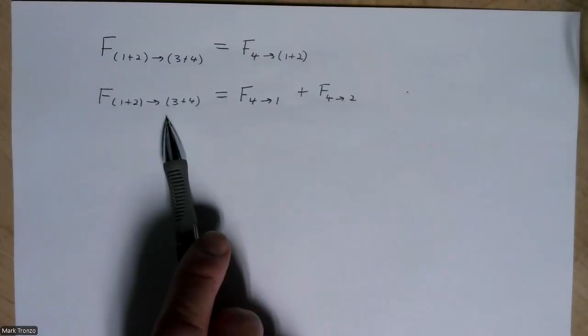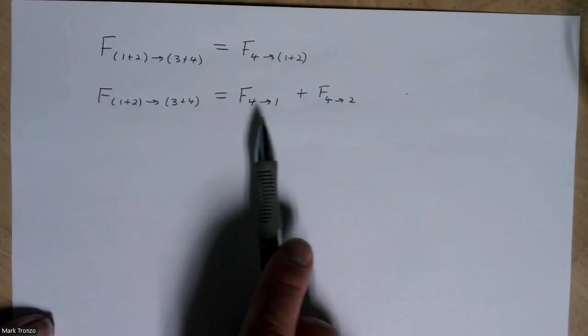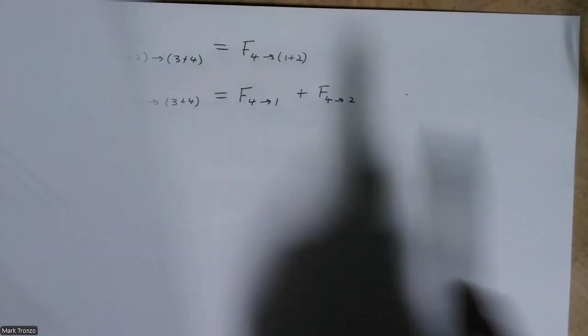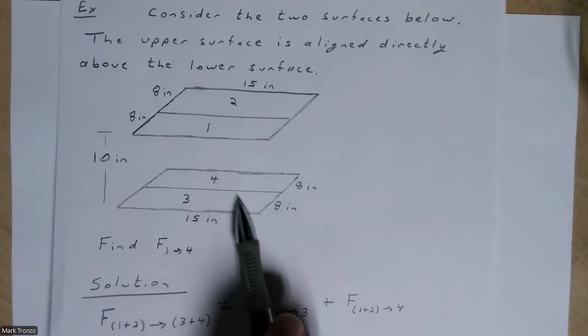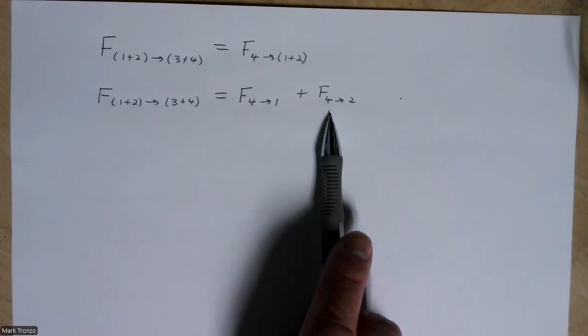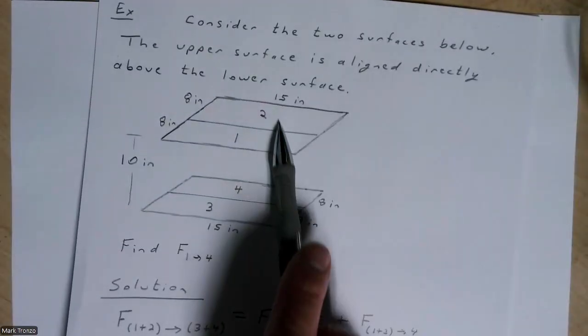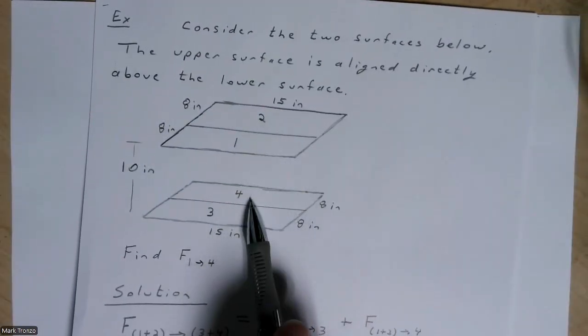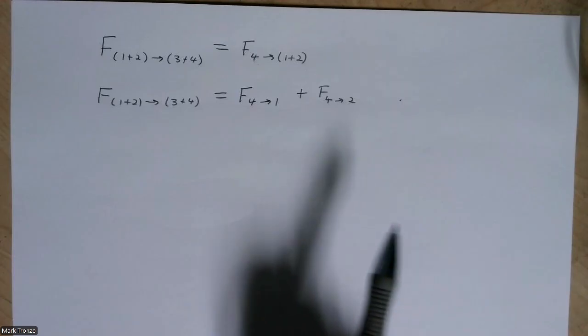We can find that in the table. And now F4 to 1 we can't find because the one is not over the other. But F4 to 2, we can find because that's just going to be one plate directly over the other.